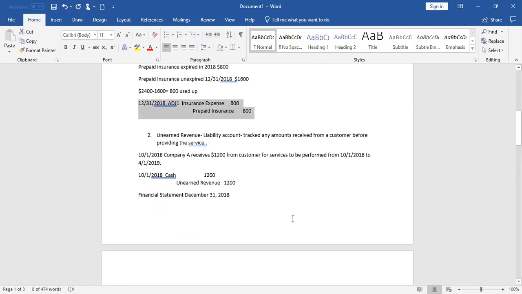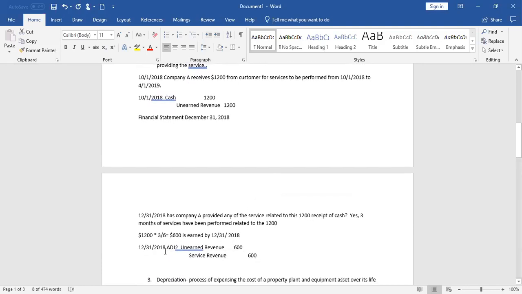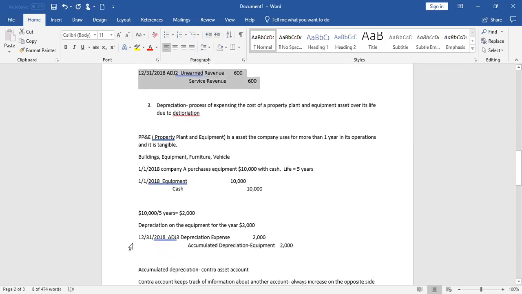The second type of adjusting journal entry is those related to unearned revenue. Unearned revenue, remember, is a liability account where we keep track of amounts customers paid before we performed any service. As we perform the service, we take the amounts out of unearned revenue and put them into the service revenue account. The third type of journal entry is depreciation.